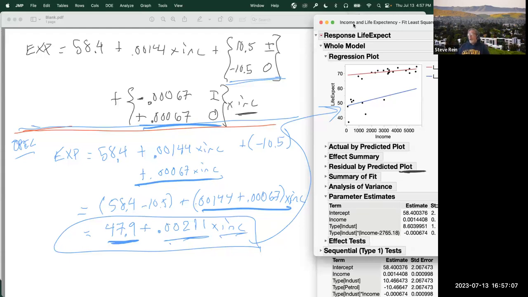We're getting close to time to stop, but I wanted to work my way through this example entirely because in the lab today, you're going to be working with that Duncan data on occupational prestige again. Notice how you previously tried with Graph Builder, perhaps, to fit lines for each of the three groups, and you noticed they had slightly different slopes. You fit the three parallel line model last time.